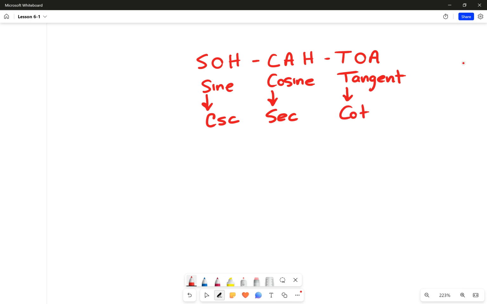So I know cosecant is not O over H, it's going to be H over O. You can write SOHCAHTOA like this: sine is O over H, cosine is A over H, and tangent is O over A. So this one has to be H over O, this one has to be H over A, and this one has to be A over O. Okay?